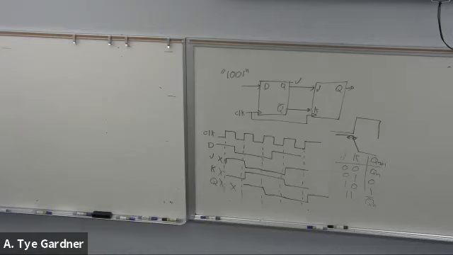Yeah, that's actually one of my example questions I was going to do, but I'll skip it. The question could be like, using only D latches, make a D flip-flop.